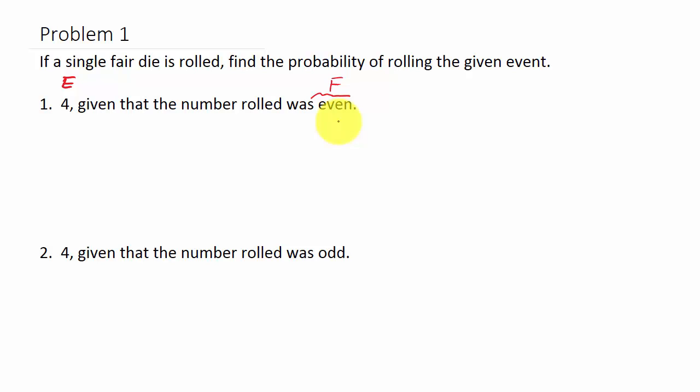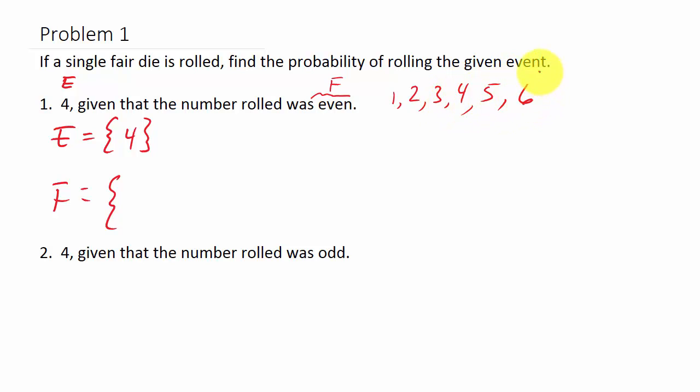Okay, so what I'm going to do is write out these events. E would just contain 4. That's, we roll a 4. F is it was even. So when we roll a die, we can get either a 1, a 2, a 3, a 4, a 5, or a 6.